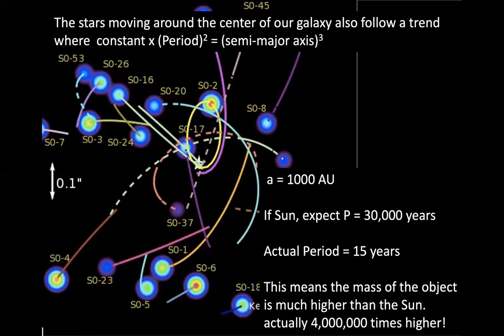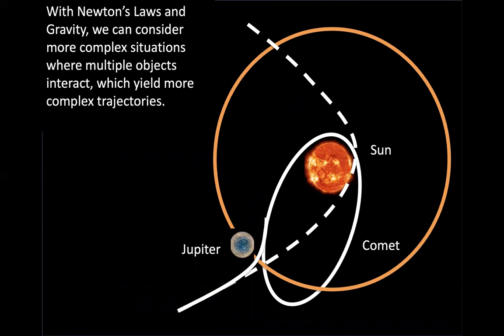So I hope I've given you a sense of why these rules are important. They allow us to figure out certain things about distant stars, distant planets, etc. I do want to make the, again, point that this only works if there's a single dominant source of gravity.